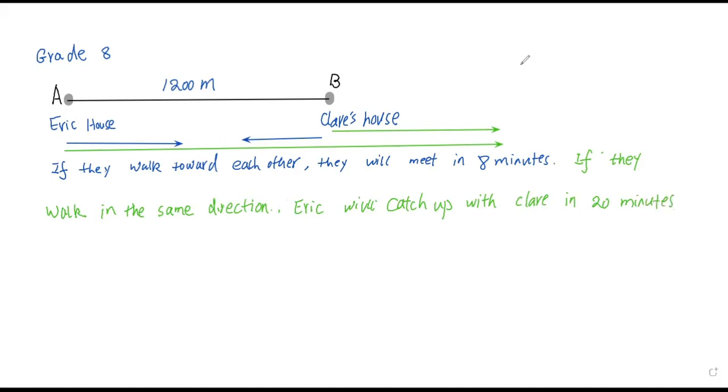So the question is asking, what are the speeds of each kid? Step one, what we just did, is to try to understand the question and figure out the unknown.